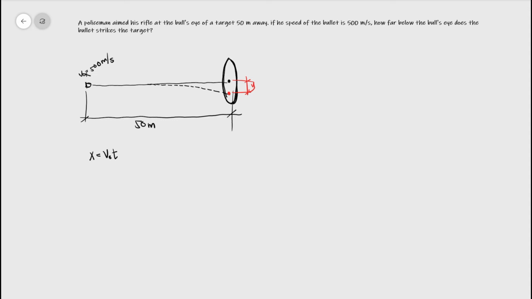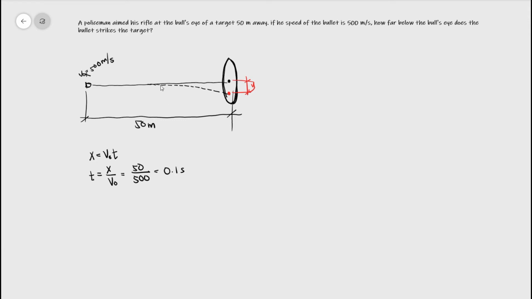Solving for the time when the bullet reaches the target, t is equal to x over the velocity of the bullet. Here x is 50, while the velocity of the bullet is 500. Therefore, our time here will be 0.1 second. That is the time when the bullet reaches the target.